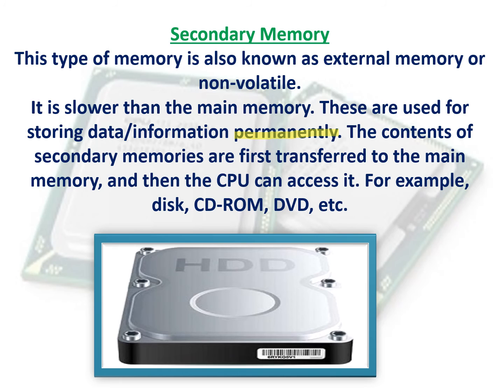The contents of the secondary memories are first transferred to the main memory so that the CPU can access them. And children, secondary memory is also known as external memory. And what are the examples? The examples are hard disk, CD-ROM, DVD, pen drive, etc.